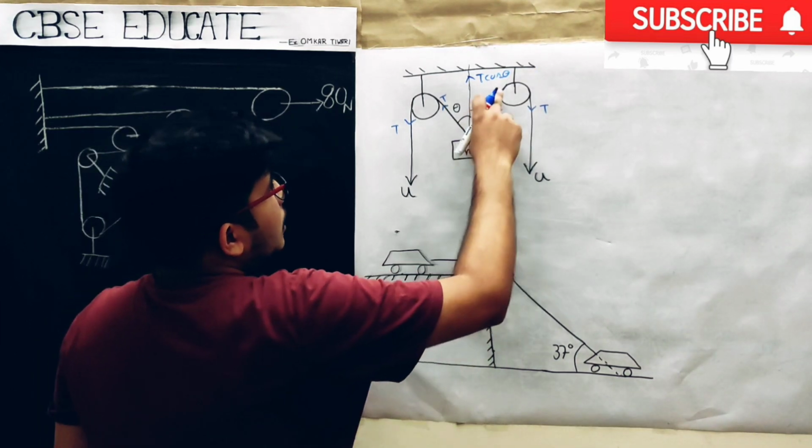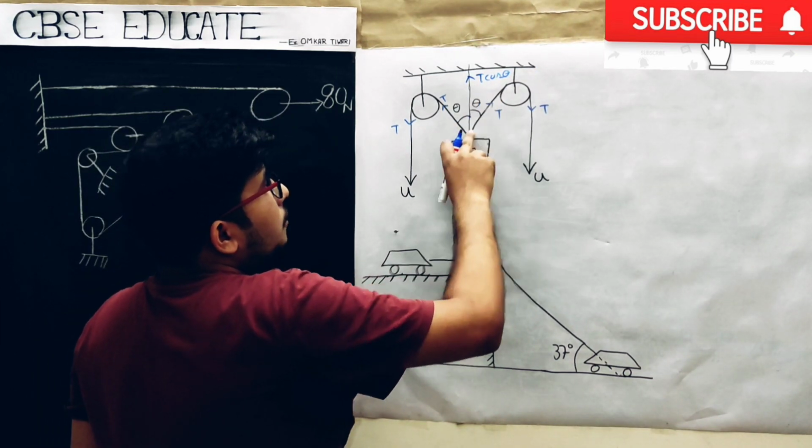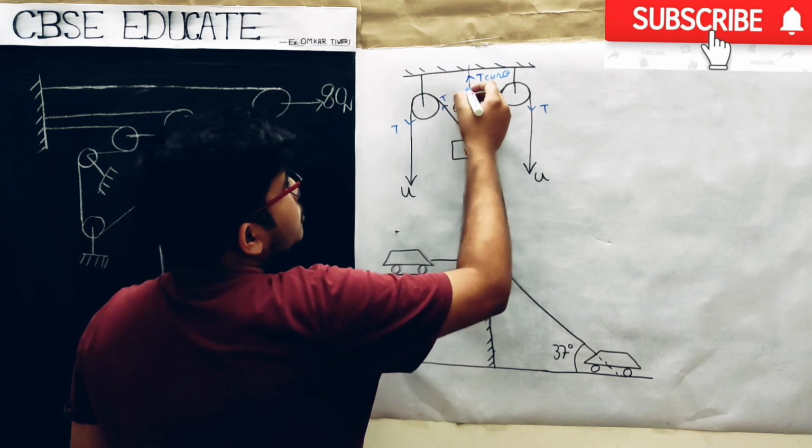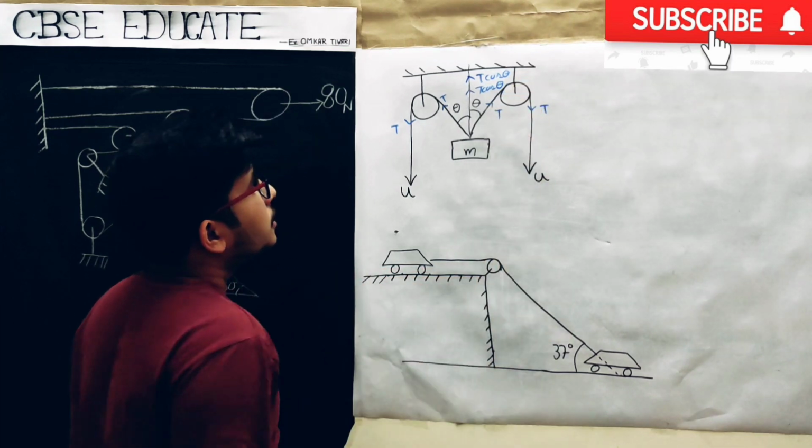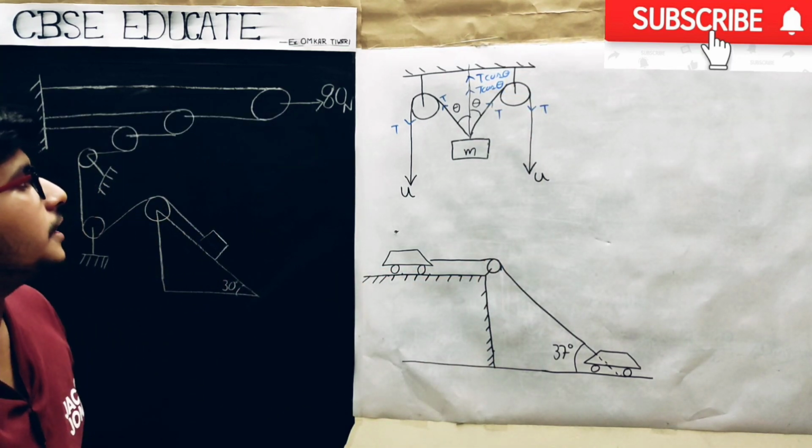And taking the component of this T over this line is T cos theta.